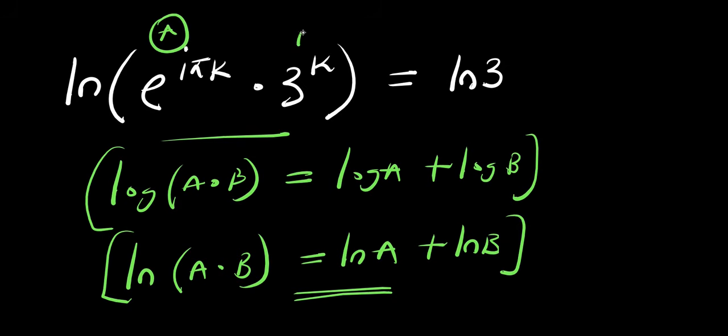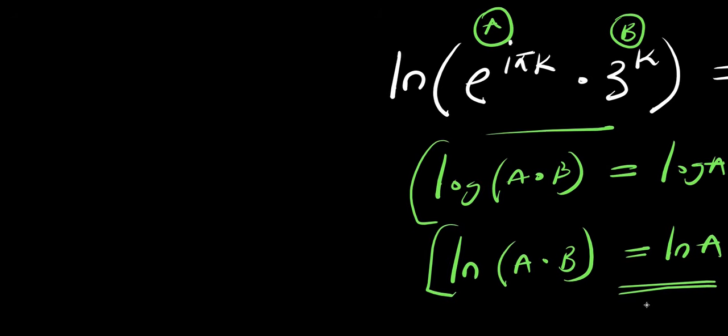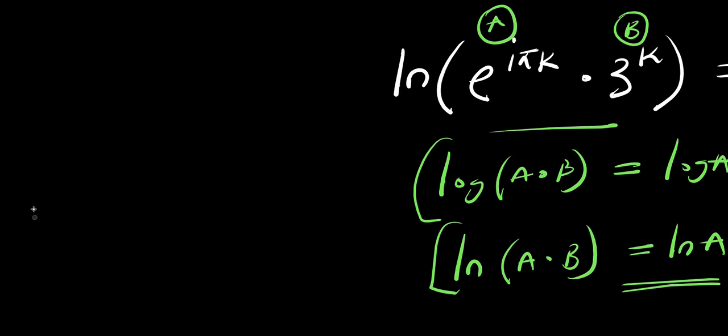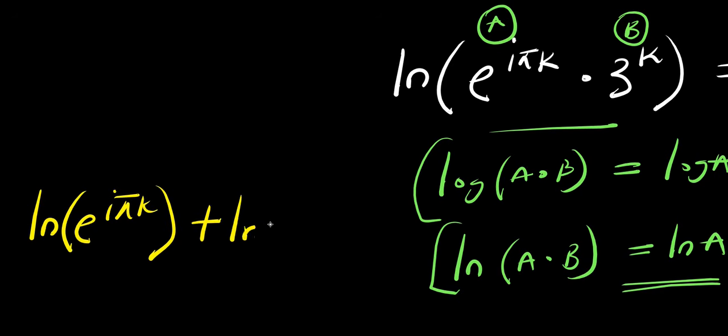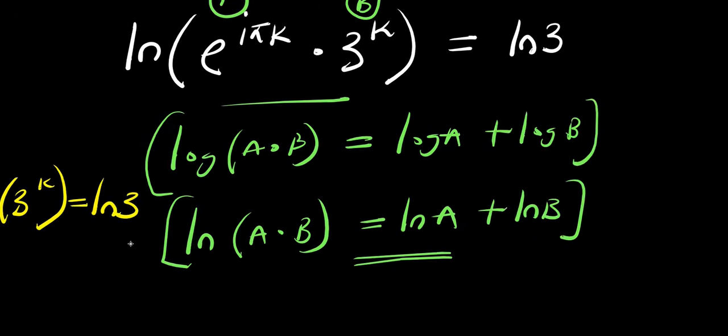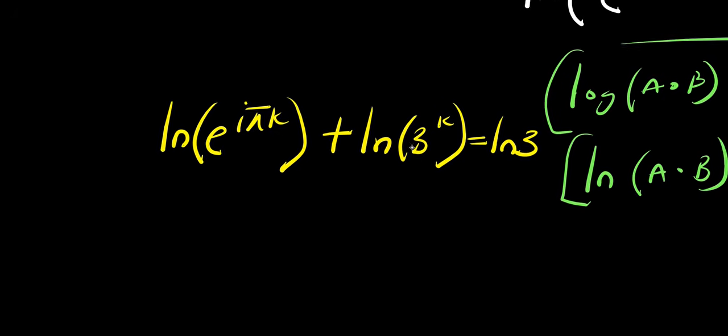This is our a, this is our b. So we are going to have natural log of e^(i pi k) plus natural log of 3^k equals natural log of 3. Remember, we have natural log of 3 there.